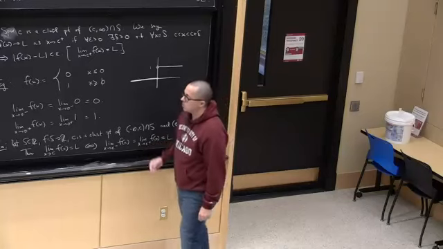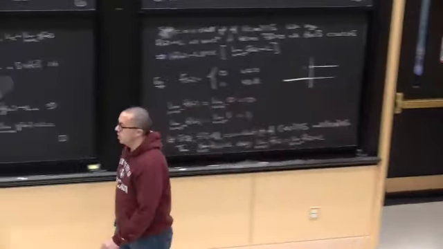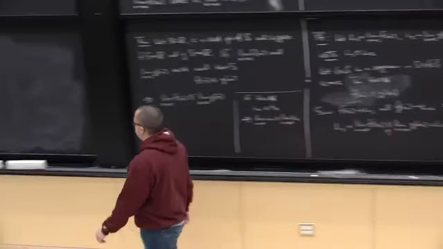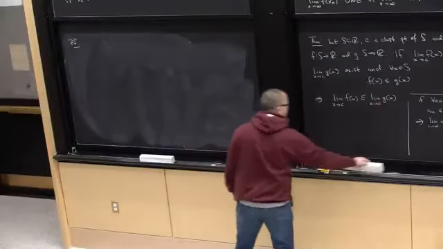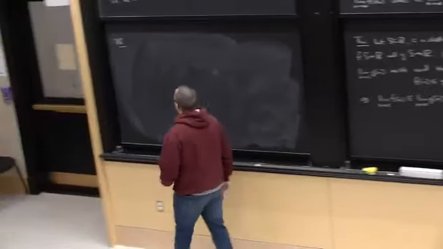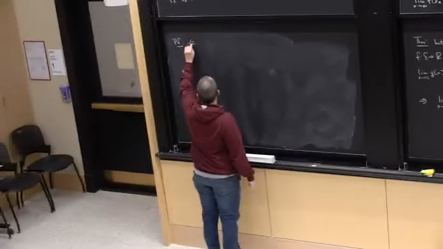So really there's not a lot of trickiness in the proof. It's just writing these things out. And so I'm just going to write out one direction and leave the other direction to you.